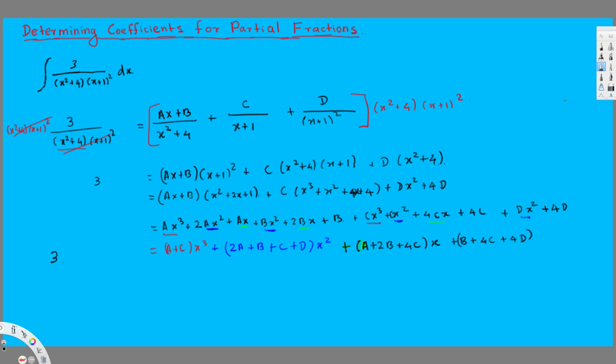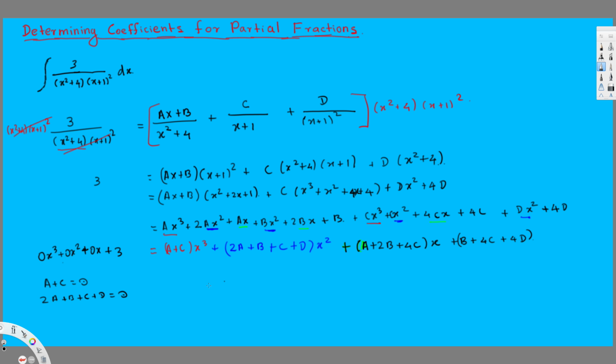So let's start with the cube. So we have 0x cube, 0x square plus 0x plus 3, right? Except 3, everything else is 0. So if I equate this one, we are going to have a plus c is equal to 0. Then we have 2a plus b plus c plus d, that is equal to 0.